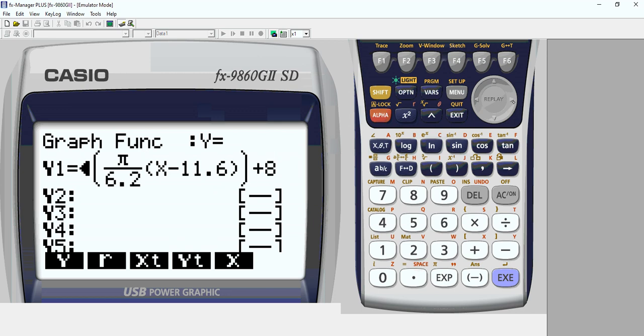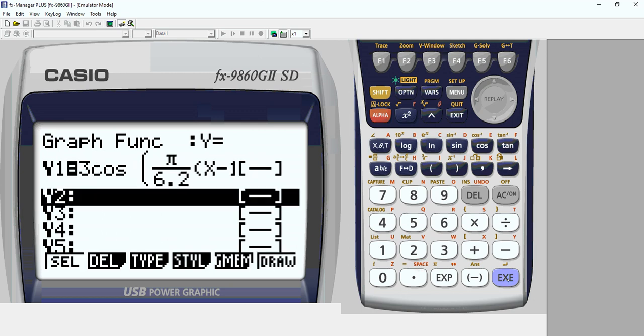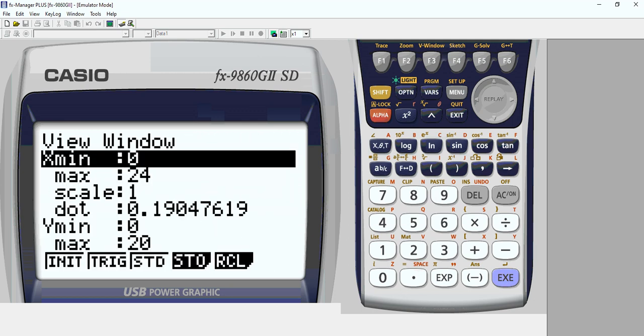So type it in. When we go to draw this, you need to set up your window. The x values we care about are for a full day. X is time, so we want a full day, 0 to 24. And then our y values are the depth of the water. It could be anywhere from 0 feet deep to 11, I think was the max. So you want to go past that. Something past the 11. So I did 20.